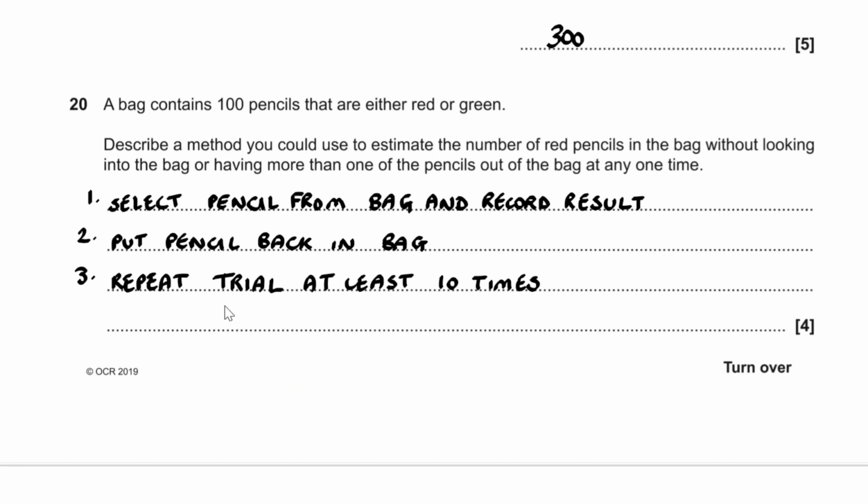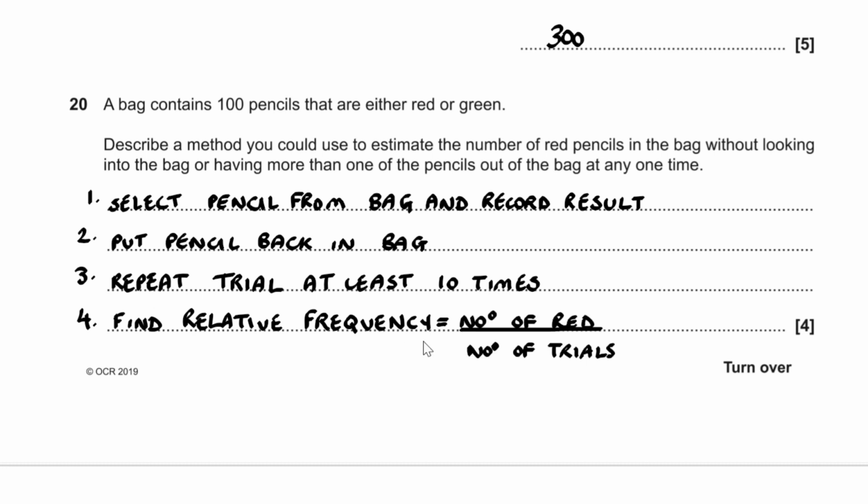We would then repeat the trial at least 10 times. We will then find the relative frequency, which is equal to, in this case, the number of red over the number of trials. And therefore, the estimate is equal to the relative frequency.